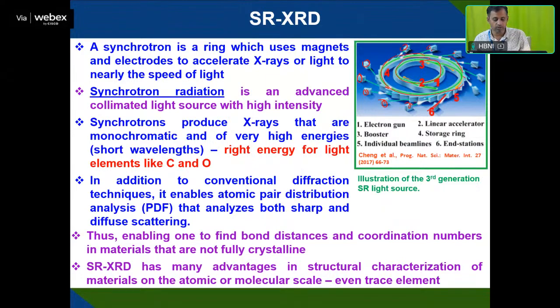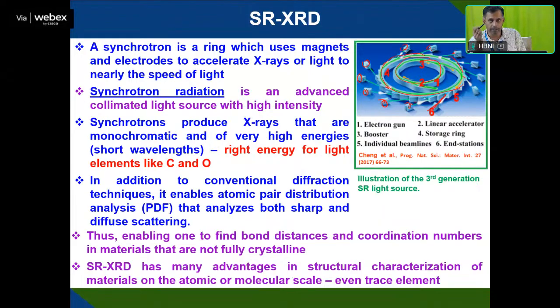In addition to the conventional diffraction pattern, it enables the pair distribution function, like how in an amorphous material or diffuse scattering the different atoms are arranged, by using the atomic pair distribution function. This will help you find bond length and coordination number, even when materials are not fully crystalline.